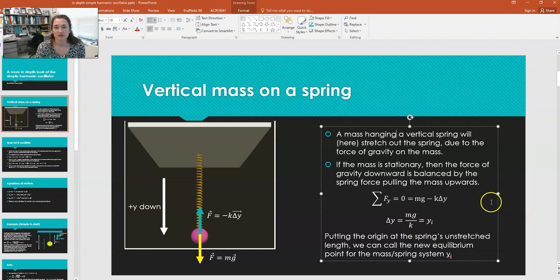In Matter and Interactions, our textbook, they refer to this displacement of the spring from its equilibrium position, due to the stretch or compression from gravity, as y sub i, and that is the new equilibrium position for the mass on a spring if it starts to oscillate. So if you put the origin at the spring's unstretched length, then the new equilibrium position will be displaced by an amount y_i.